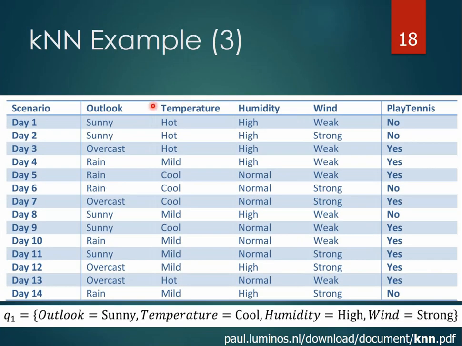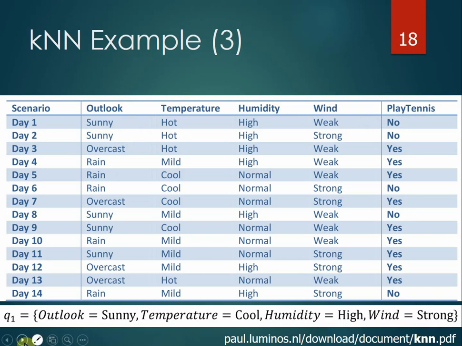Now the last example, example number 3, is similar to the previous example. This is also a classic data set, which is the play tennis. We have the attributes outlook, temperature, humidity, and wind.